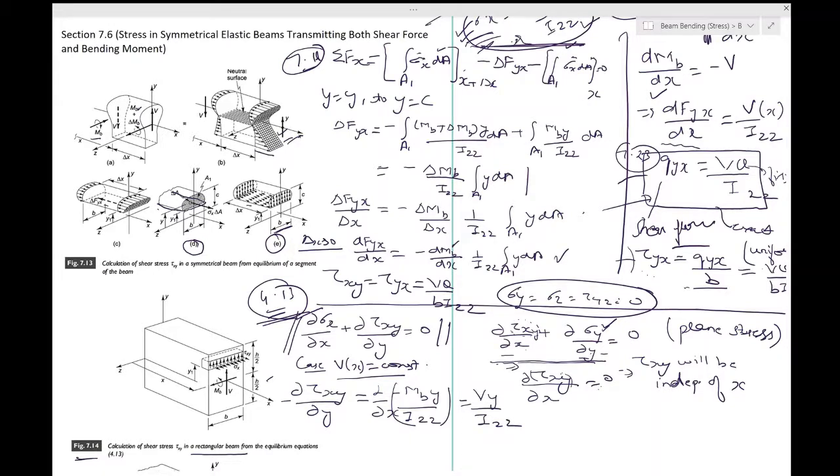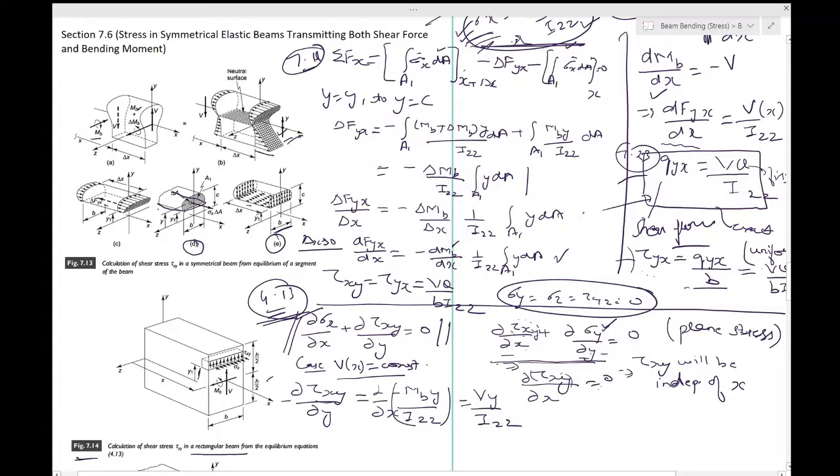Now we want to integrate this so that we can have this value. You want to integrate it from the level y is equal to y1, where tau xy is to be evaluated, to the level y is equal to h by 2. So this is y equal to y1, where this stress is acting. This is the point of interest over here. And h by 2 is the half height of this rectangular beam.